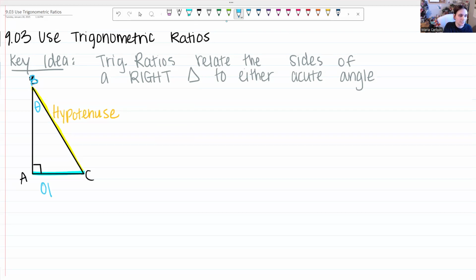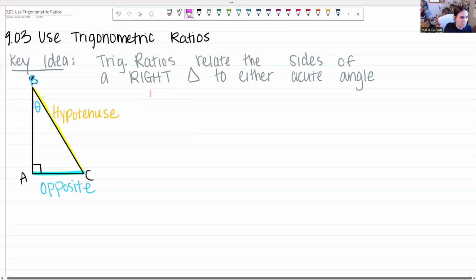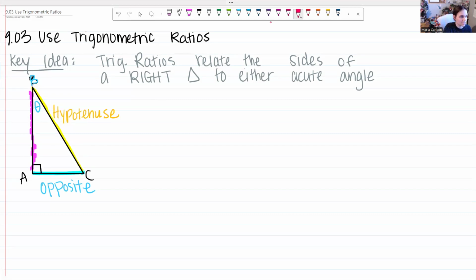That is our opposite. And then that leaves the leg that is adjacent to angle B, but not the hypotenuse. So the leg is this side, AB. This is adjacent.